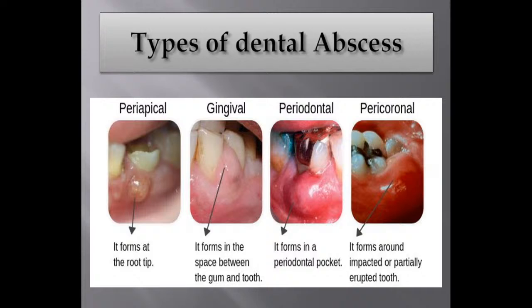And as I said, we can see pus formation. The accumulation of pus is called the periapical abscess, as it surrounds the root. This abscess can eventually form a sinus tract, which is a narrow passageway that extends from the abscess to the mouth, through which the pus can drain out.